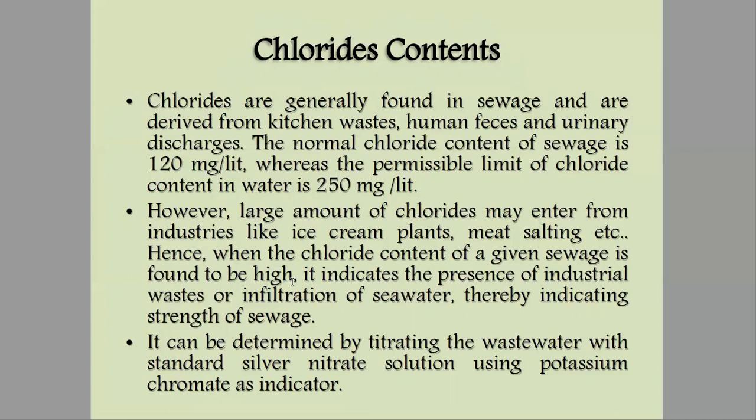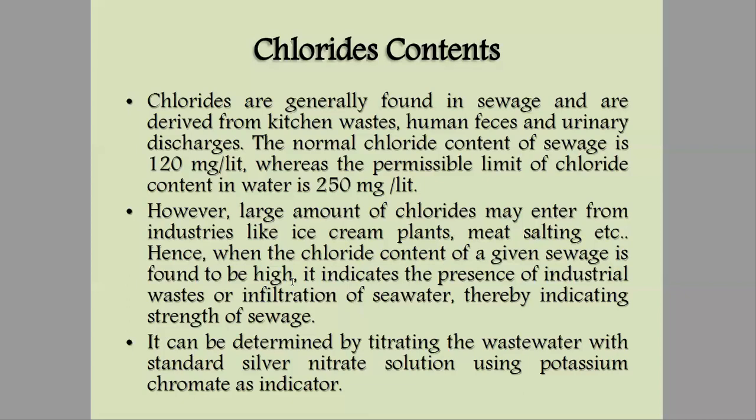If the chloride content of a given sewage is found to be high, it indicates the presence of industrial waste or infiltration of seawater, thereby indicating the strength of sewage.